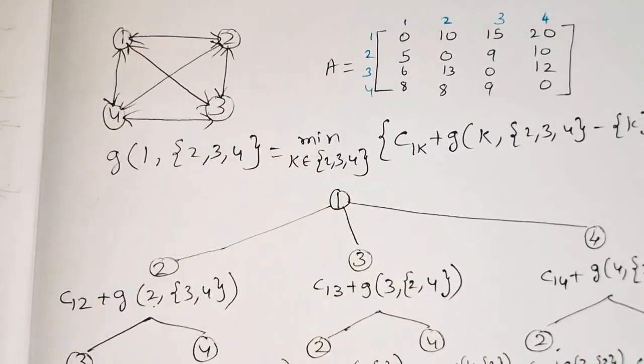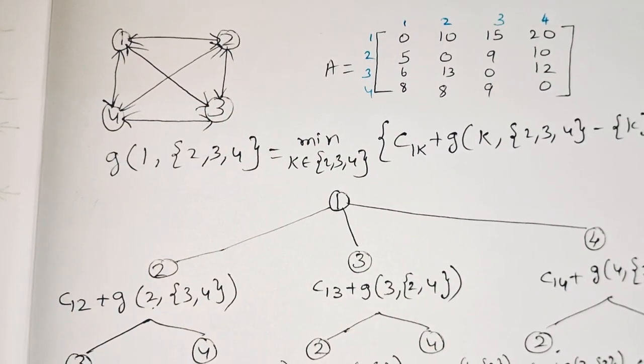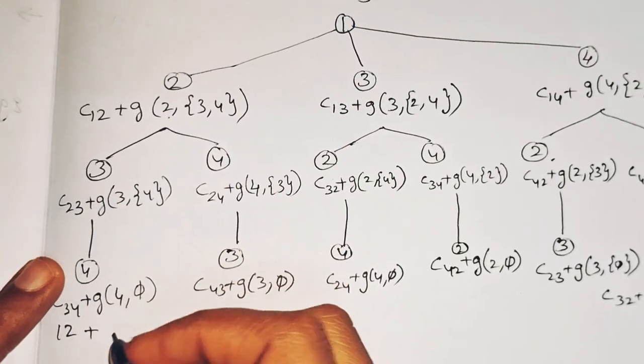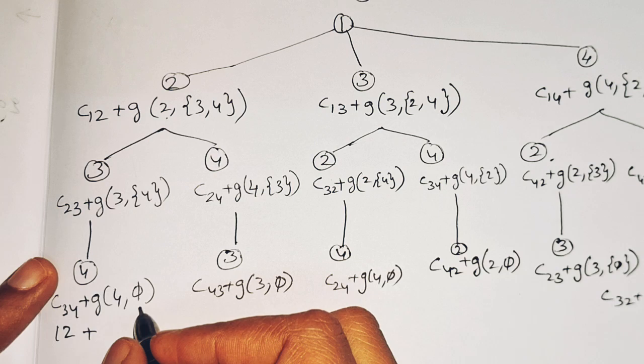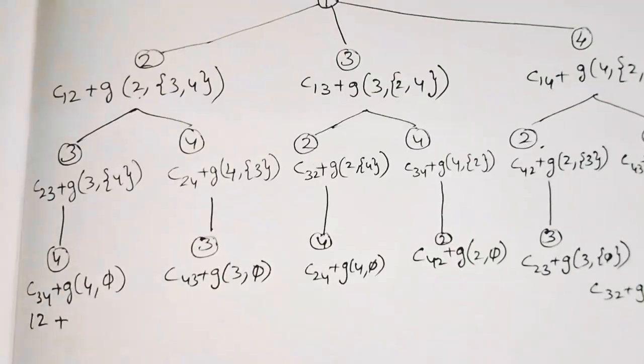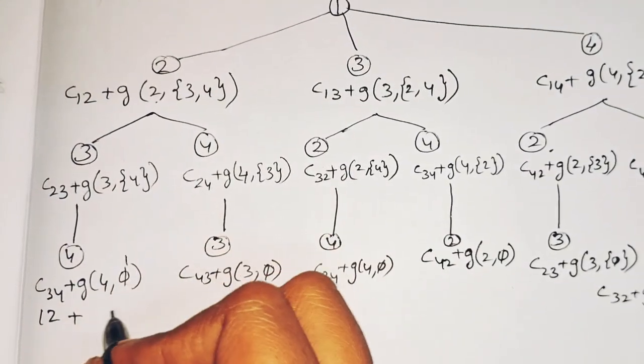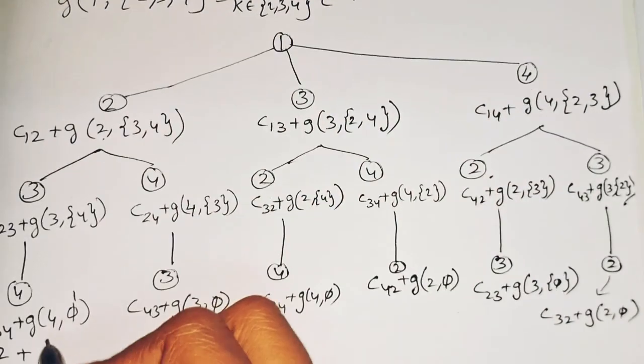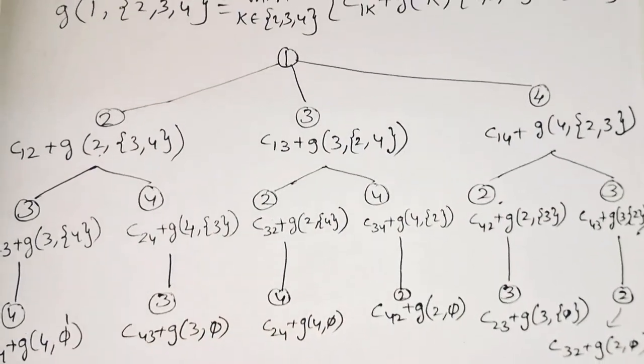So for all of these, the null value will be 1 only. So 12 plus 4 to 1, and the 4 to 1 value is 8. So 12 plus 8.